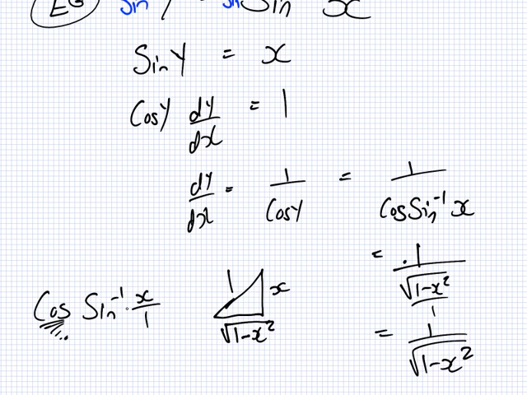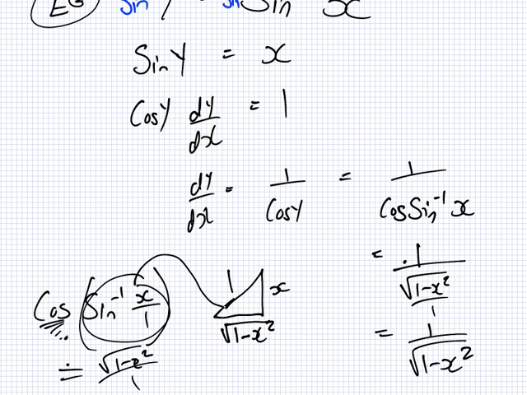Cos of sine inverse x becomes cos of this angle, and cos of this, according to this triangle, is root 1 minus x squared over 1, because this is the angle here.